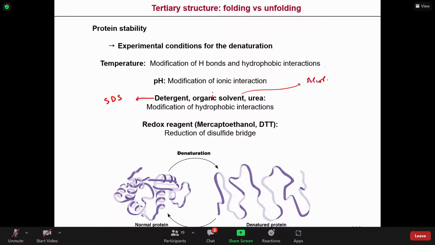For the organic solvent, we see alcohol, so it will disrupt H bond. But also if you use an apolar solvent, for example DMSO, you will disrupt the hydrophobic interaction.